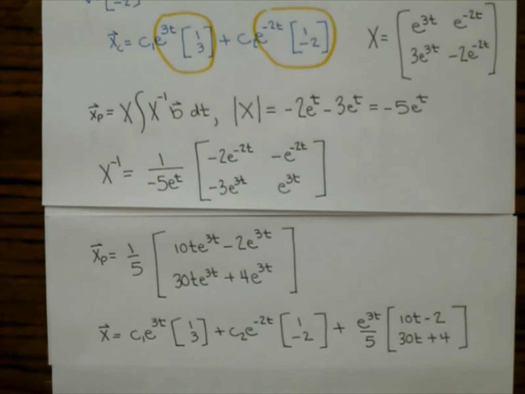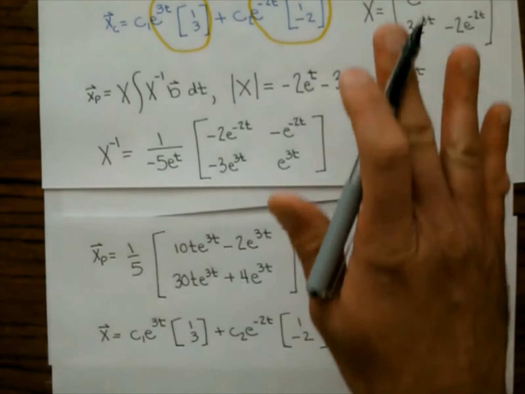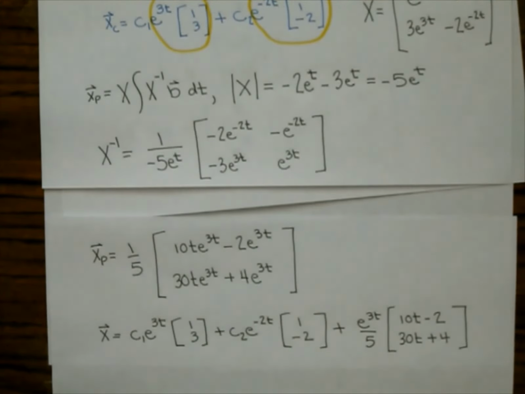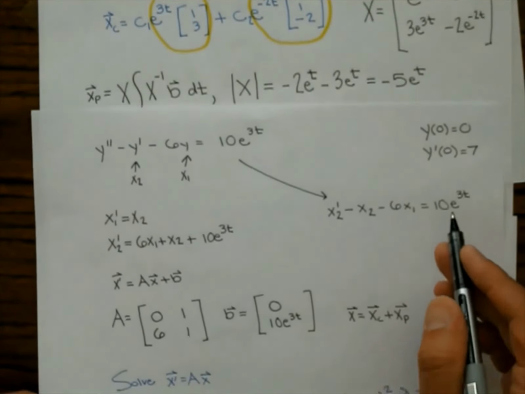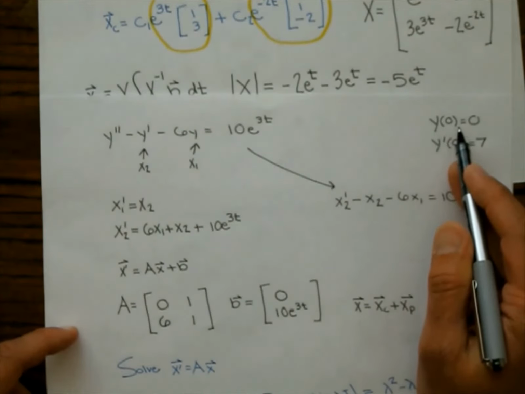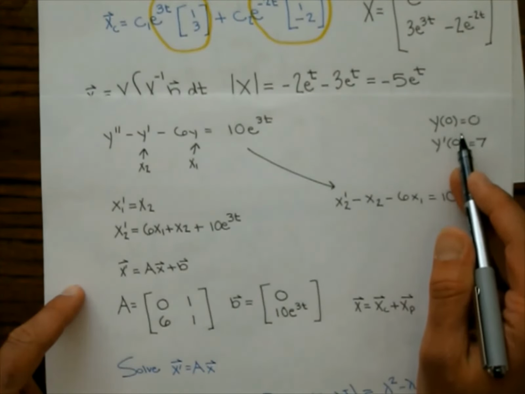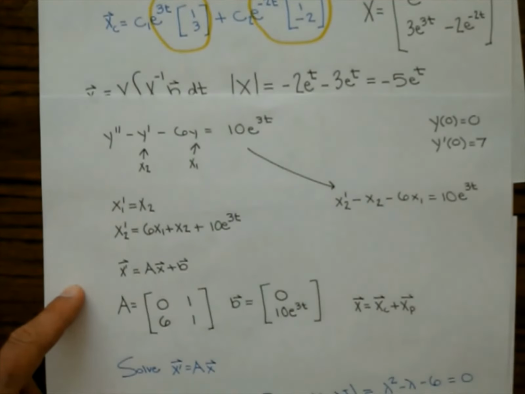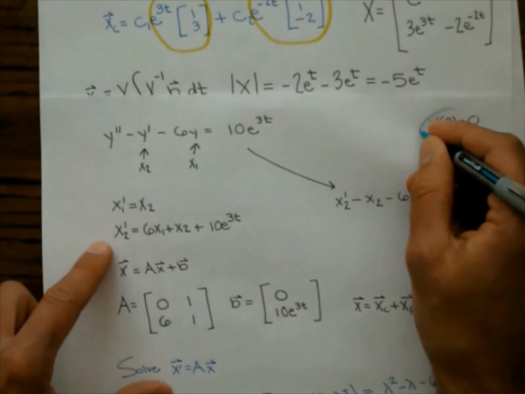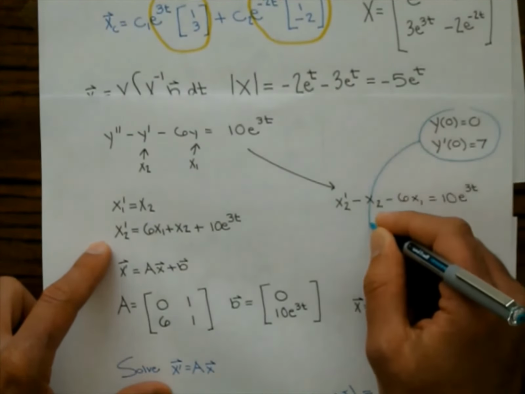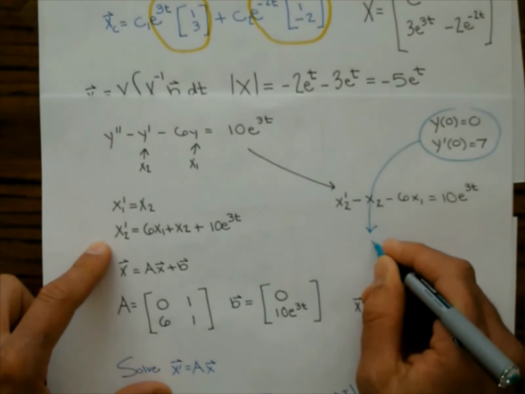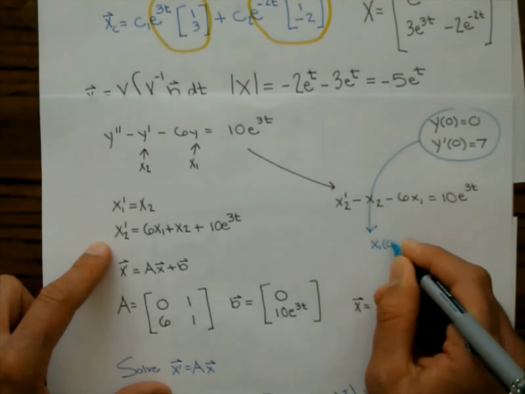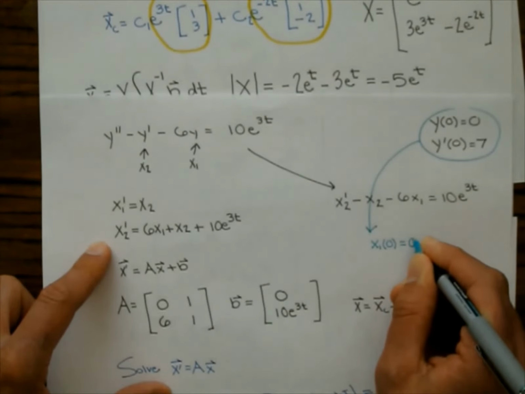Now we are not done. Why are we not done? Because we also had this right here. We had this initial condition that says y of 0. Now remember what y is. I'll put the initial conditions in green. y is really x1. x1 of 0 is 0.